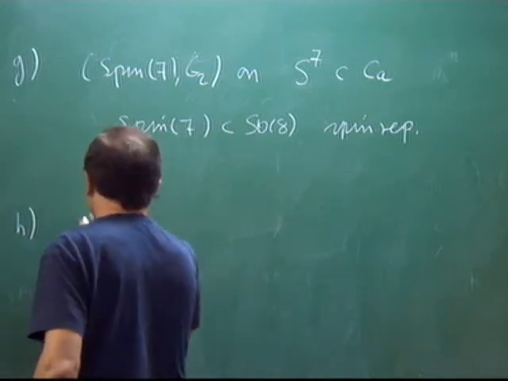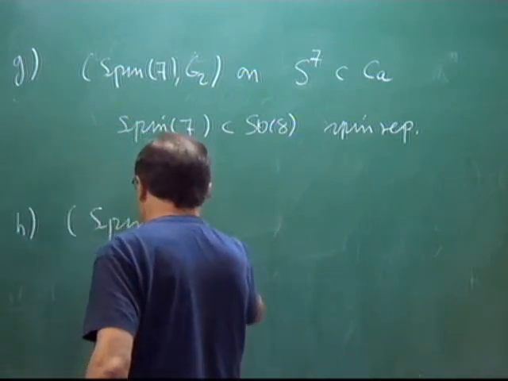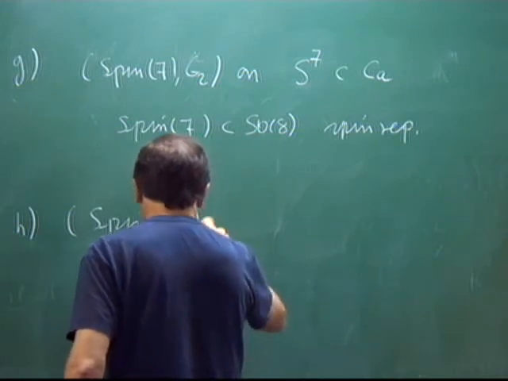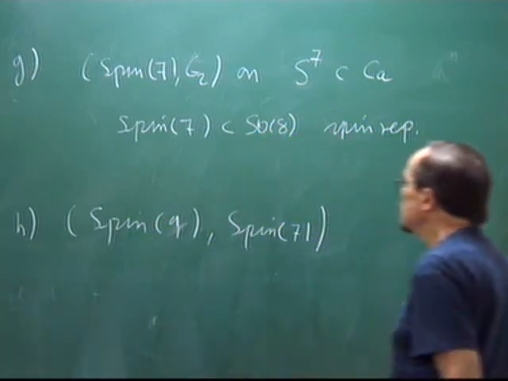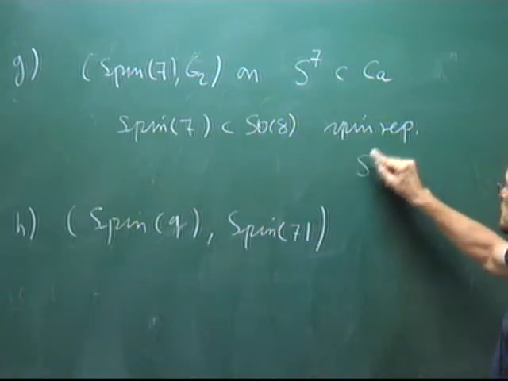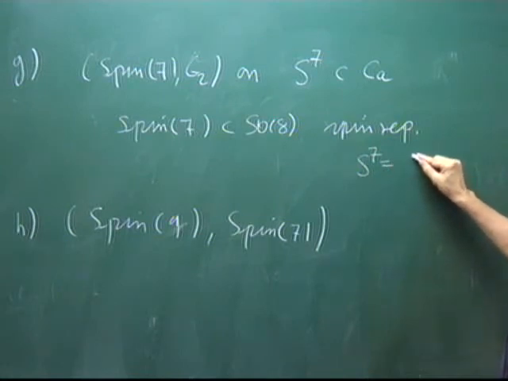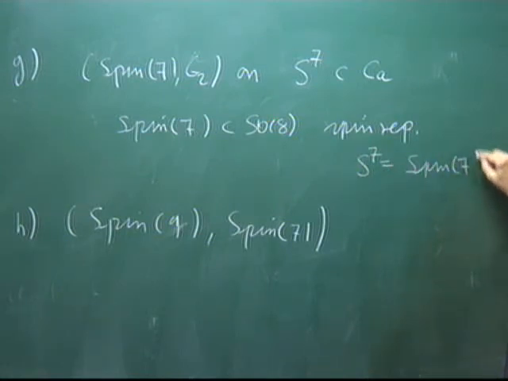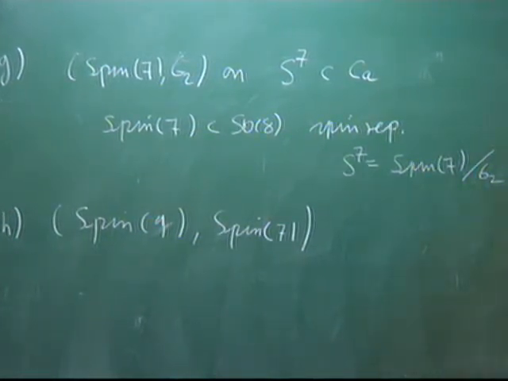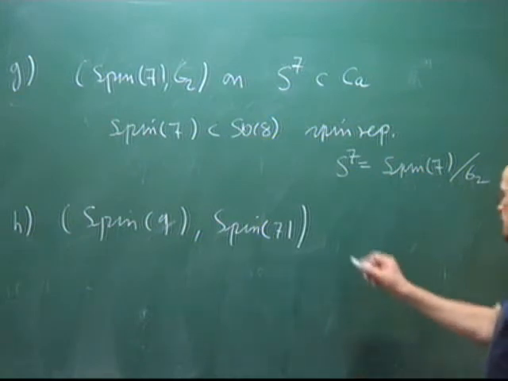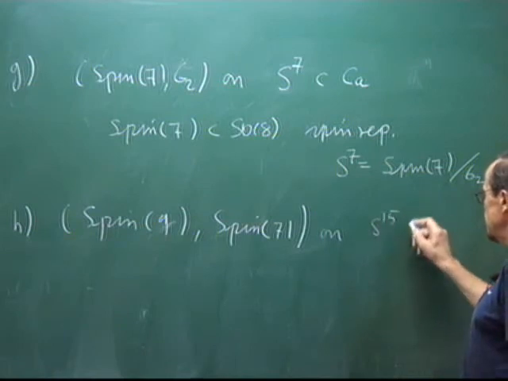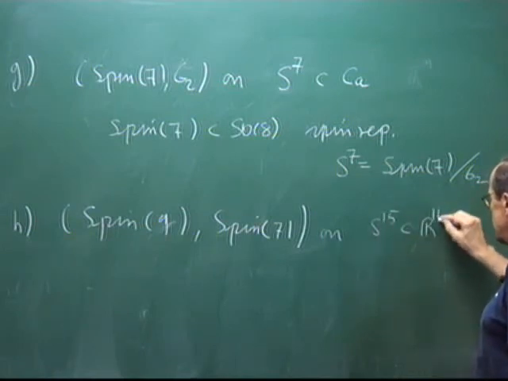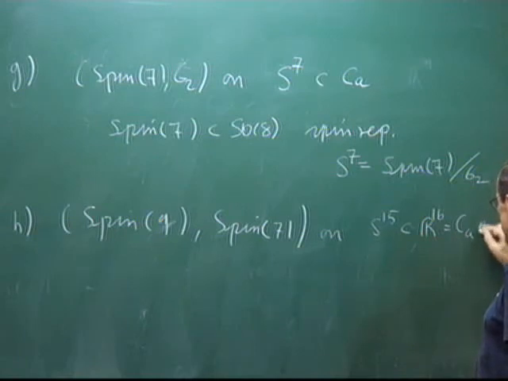One more. Another spin group. Spin(9), Spin(7). Because by the way, here maybe I should write this down. This means that S^7 is Spin(7) mod G2. So a funny way of writing S^7 as a homogeneous space. Okay. So this acts on what? It acts on S^15 inside R^16, which I can write as Cayley numbers plus Cayley numbers.